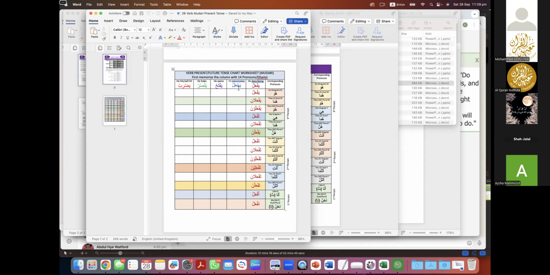Yaj'alu, yaj'alani, yaj'aluna, taj'alu, taj'alani, yaj'alna, okay? Carry on, these four. This is absolutely the most essential thing to memorize.